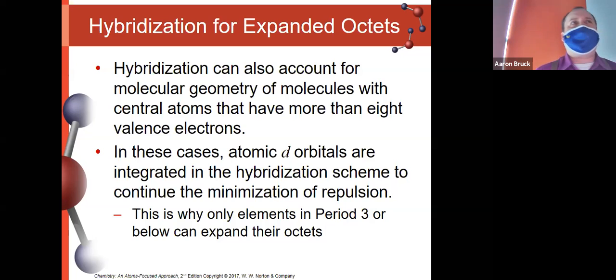However, if circumstances dictate, and usually where we find them dictating is in molecules that have highly electronegative outer elements, things like halogens. That's where we tend to see this the most often. Then those circumstances are a little bit more forgiving in terms of that energy gap that would need to be overcome.